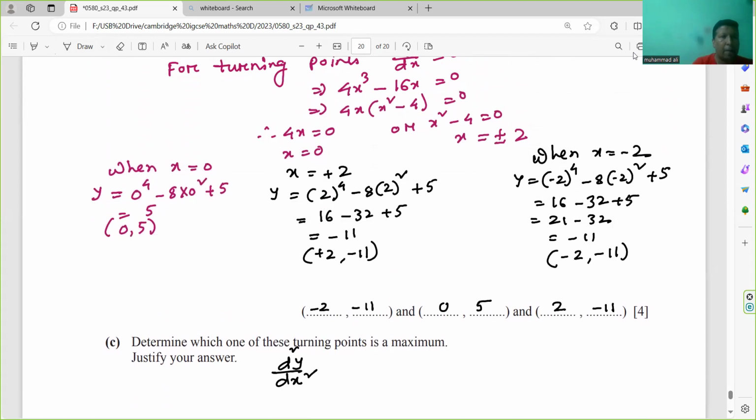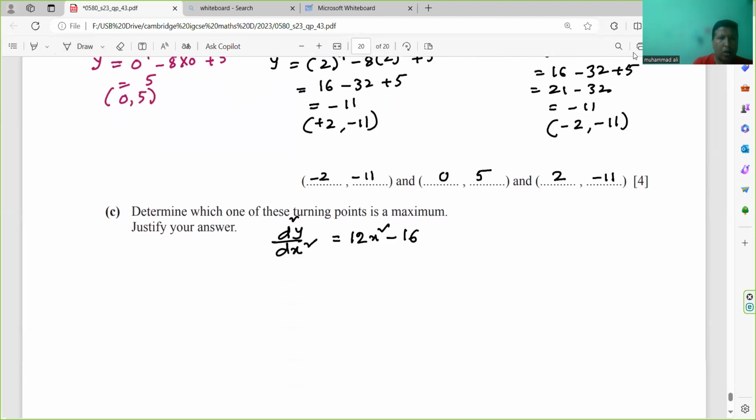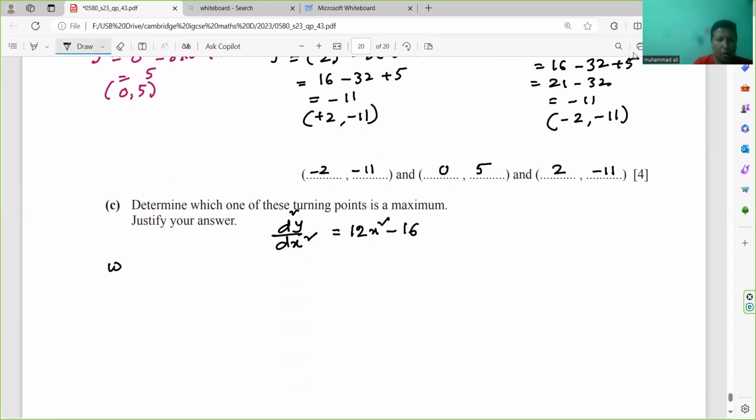We will get here 12x squared minus 16. So when x equals 2, it is 12 into 2 squared minus 16, that is 48 minus 16 equals 32, greater than 0.